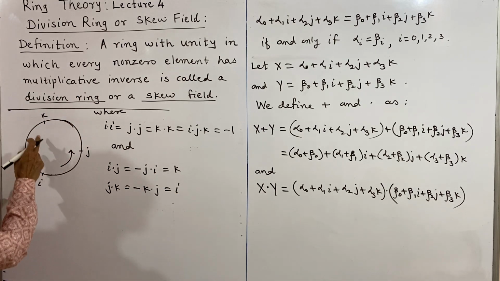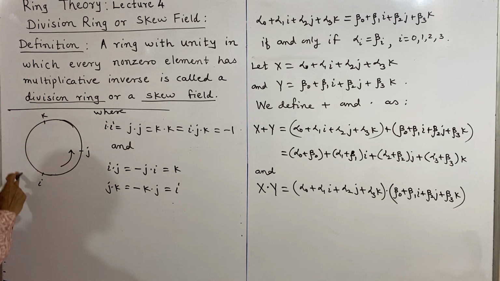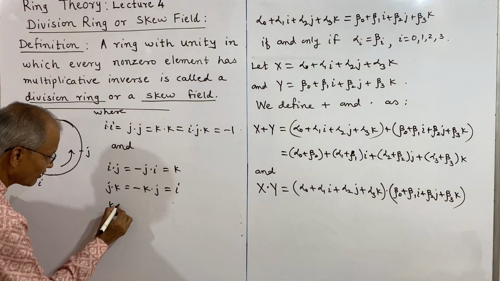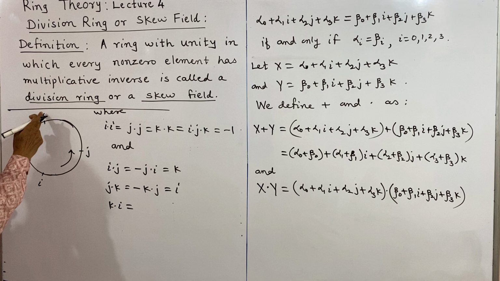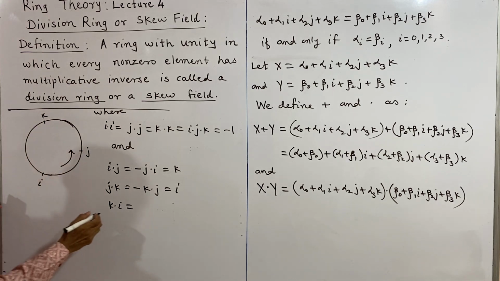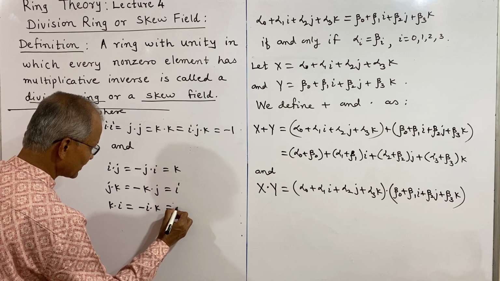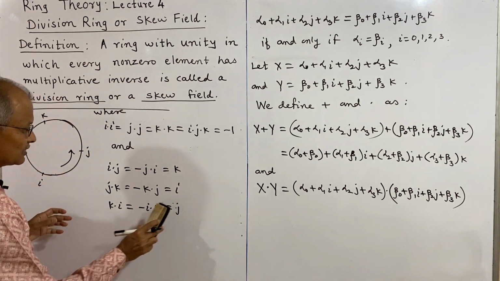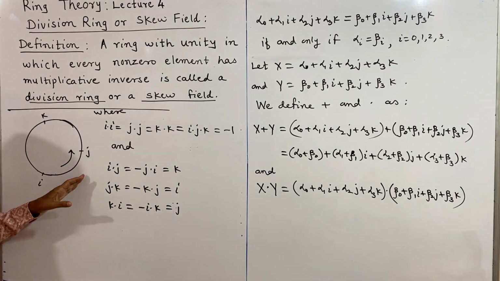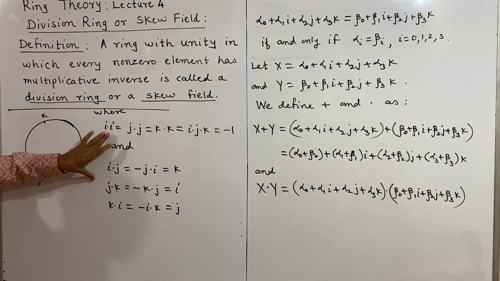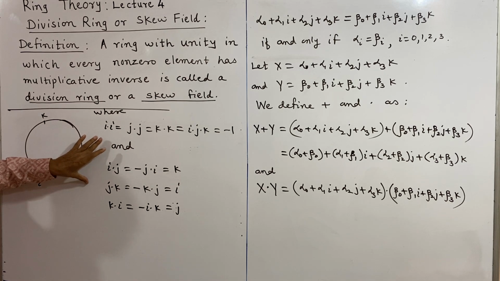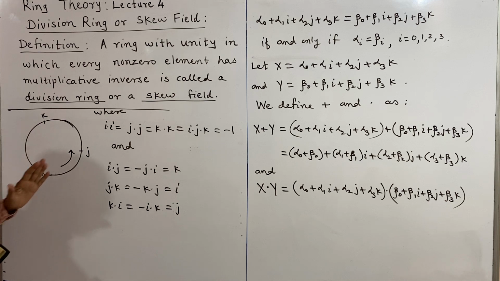And next is k dot I, which is defined to be j, but k dot I is minus I dot k, and that is j. So this is the multiplication for these numbers.